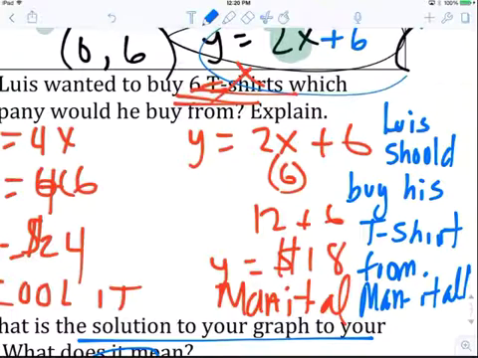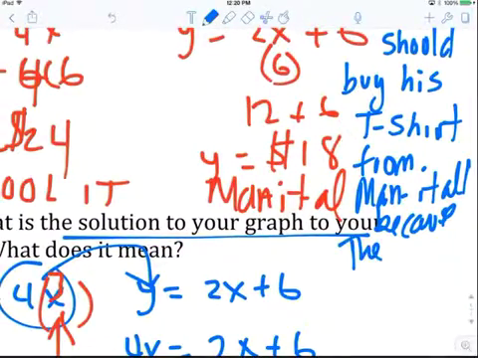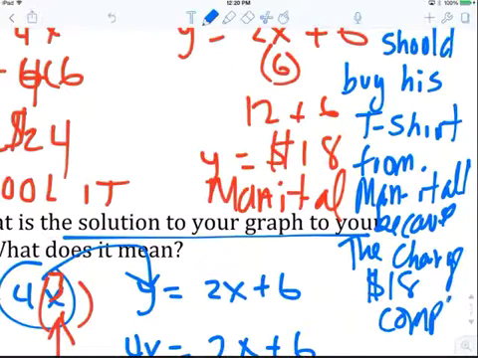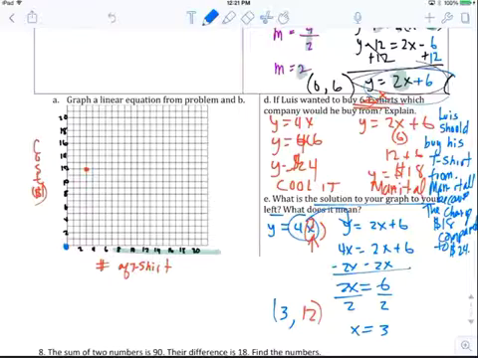He'll save $6 because they charge $18 compared to $24 from Cool It. I don't have enough room. I hope you guys write smaller.